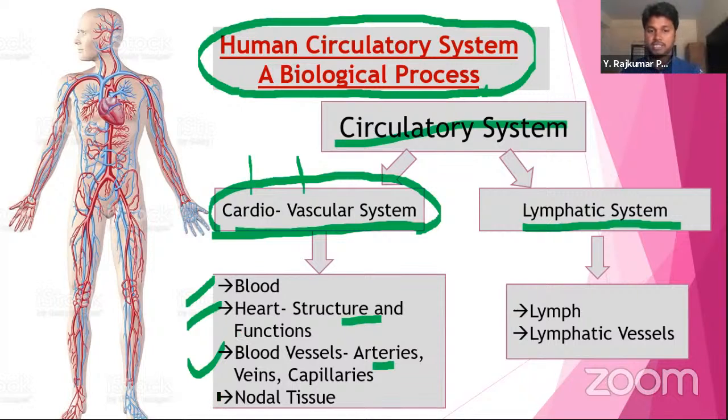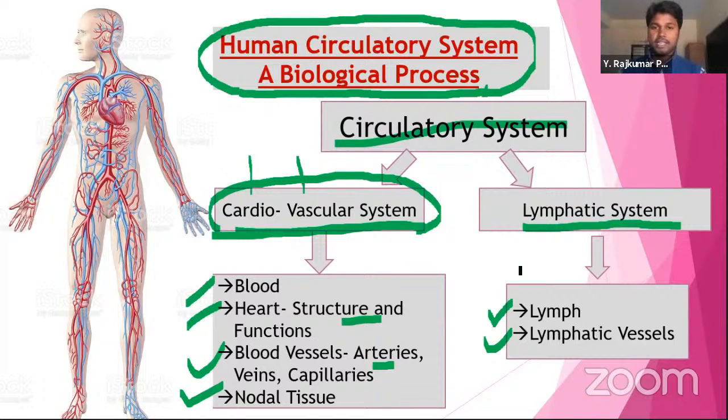I will make you understand in the next slide. Then nodal tissue. And under the lymphatic system we learn about another body fluid called lymph, and the vessels in which the lymph flows are called lymphatic vessels.